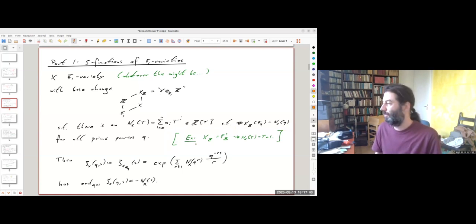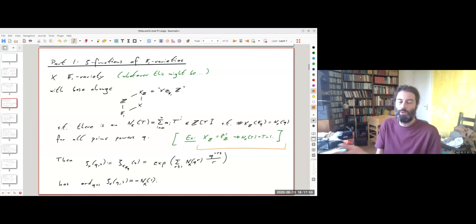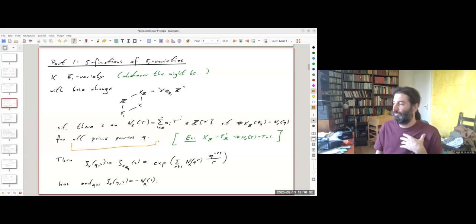So here's one example below. If XZ is a projective line, we know what the FQ points are. They're Q plus 1. So the counting polynomial is just T plus 1. And this should hold for all prime powers Q.